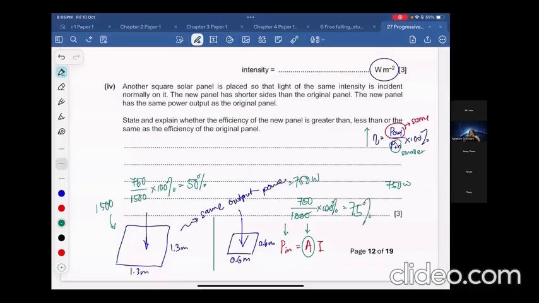If you still cannot, then I have to use numbers to show you. Can you see that my input power, I only receive 1000 because my area is small. The power that I get as input is only 1000, but I can produce 750 watt. Do you get my idea, dear?